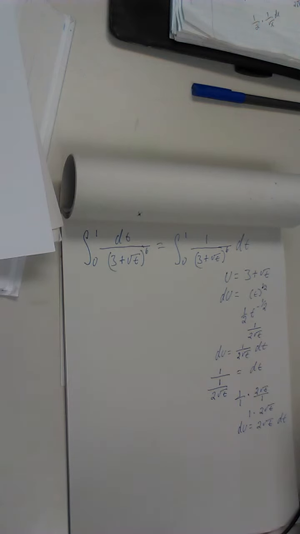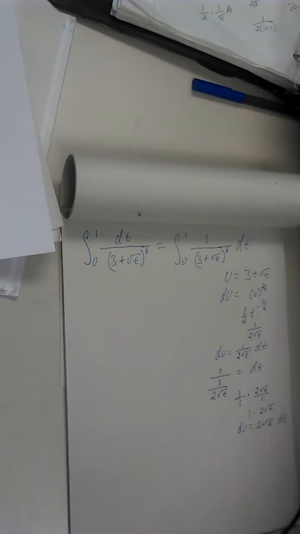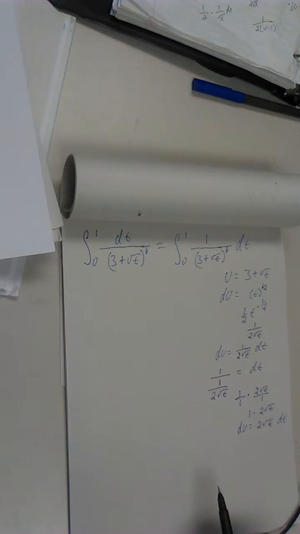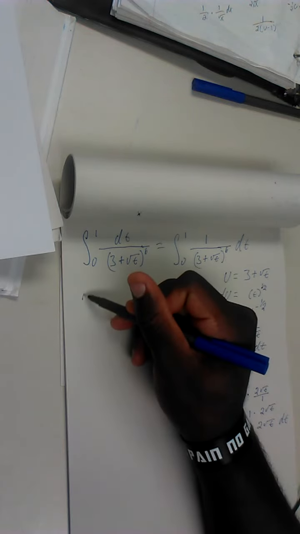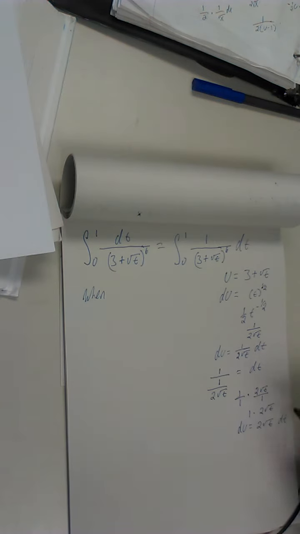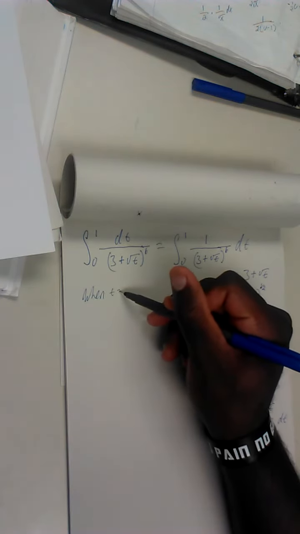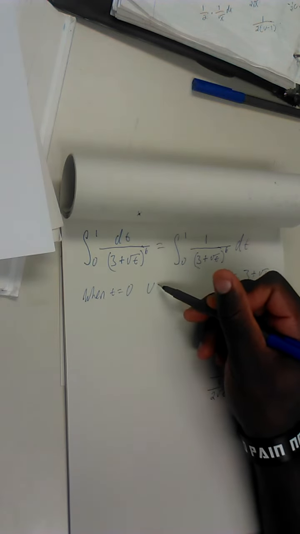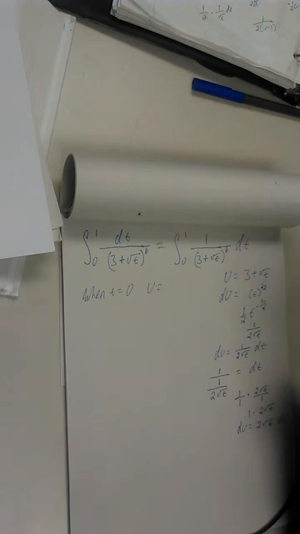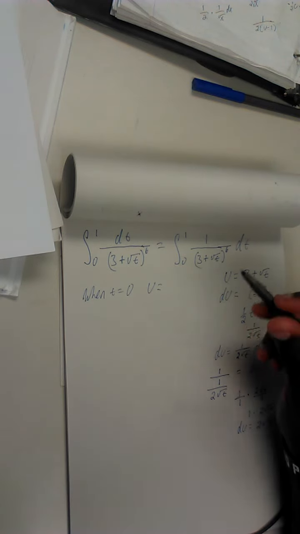And now let's set our limits in terms of u. So in this case, when t equals 0, u is equal to 3.